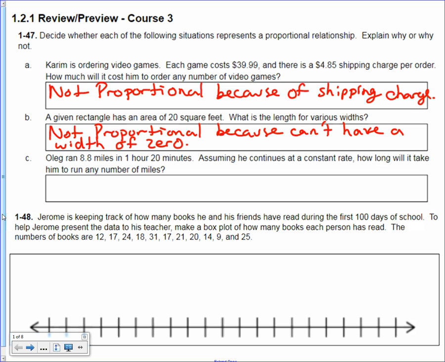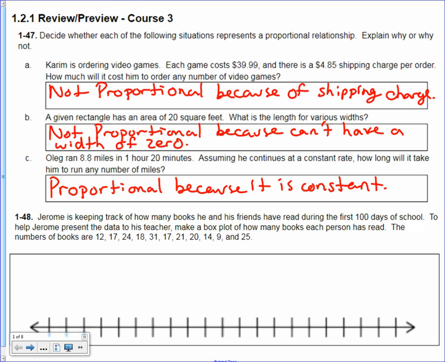Part C, Oleg ran 8.8 miles in an hour and 20 minutes. Assuming he continues at a constant rate, how long will it take him to run any number of miles? And the correct answer is proportional because it's constant. And if he runs 0 miles, he's going to run 0 time.